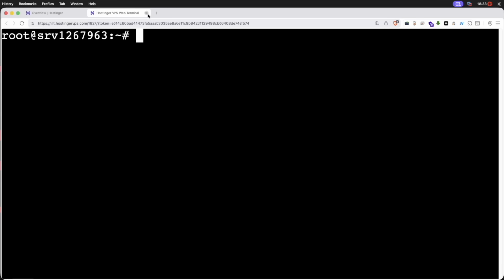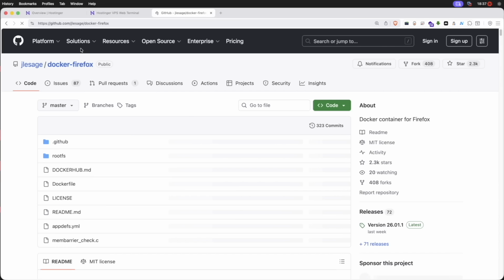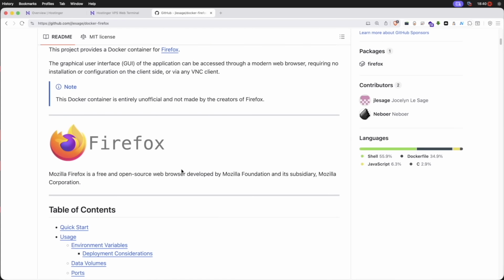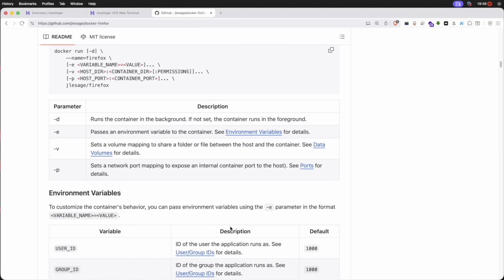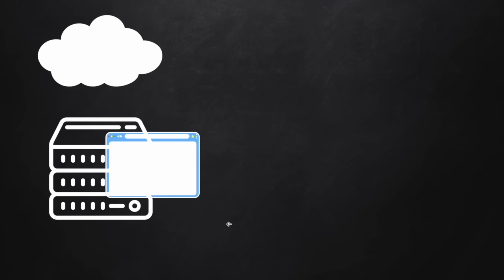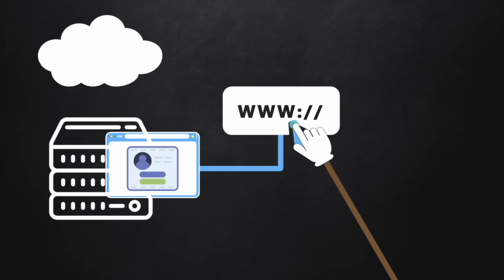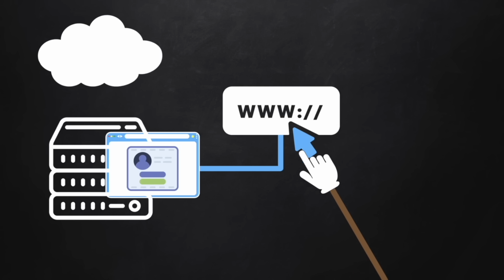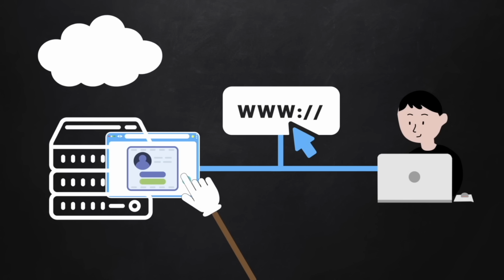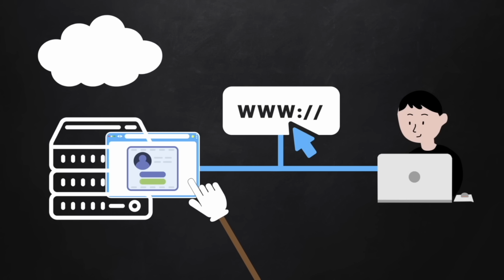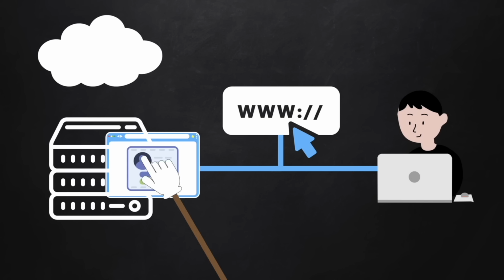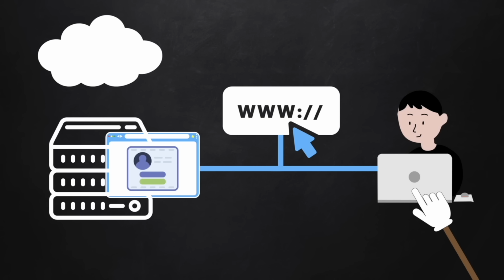So what we're going to do, we're going to install a Docker container, this one right here, which basically comes in with Firefox plus all of the software needed in order to make Firefox accessible through a normal URL, so that we can then share this URL with our target and they'll be able to access Firefox through their web browser, and hence they're going to access a browser within their web browser, and that's why this is called the browser-in-browser attack.